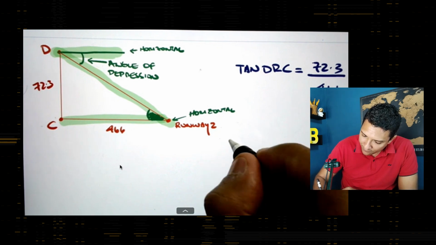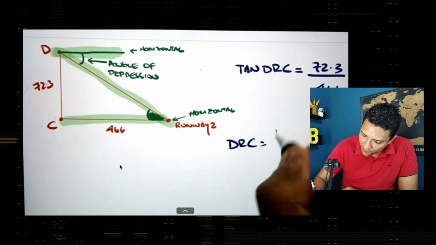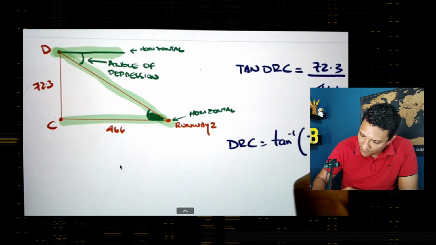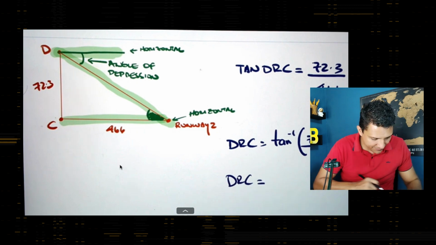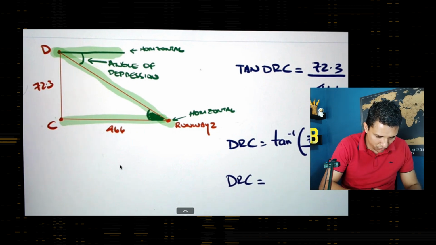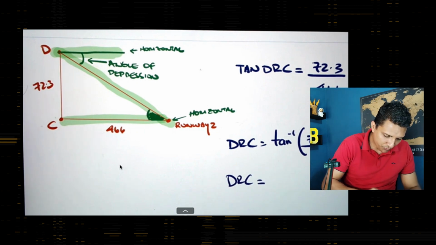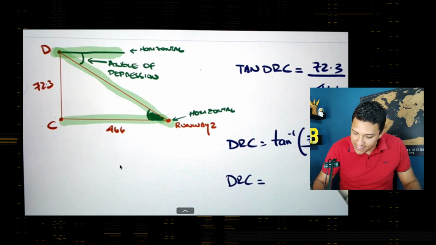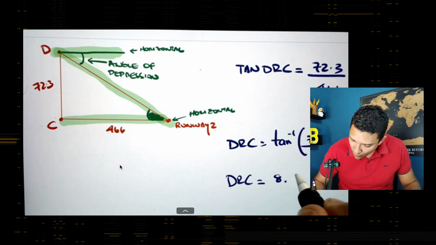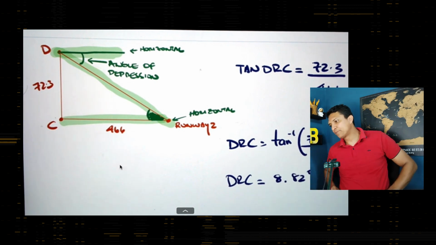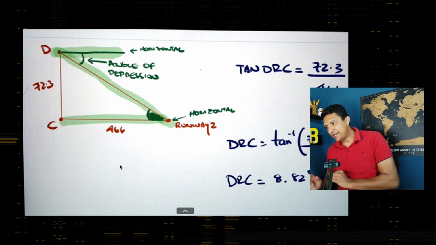So the angle DRC is the inverse tangent of 72.3 divided by 466. That is 8.82 degrees. Okay, so that is that angle.